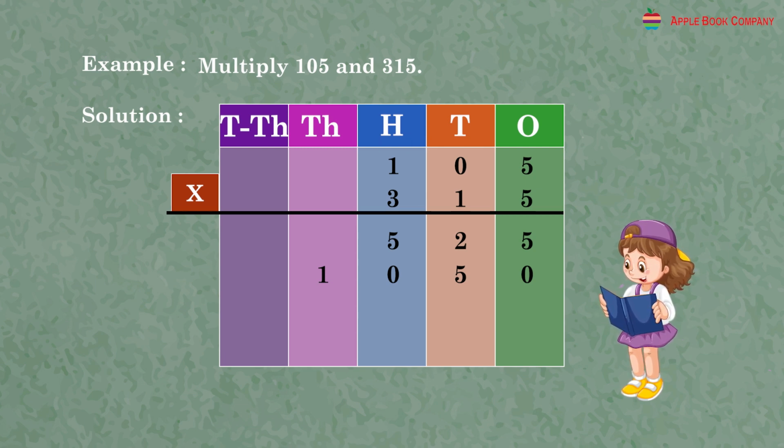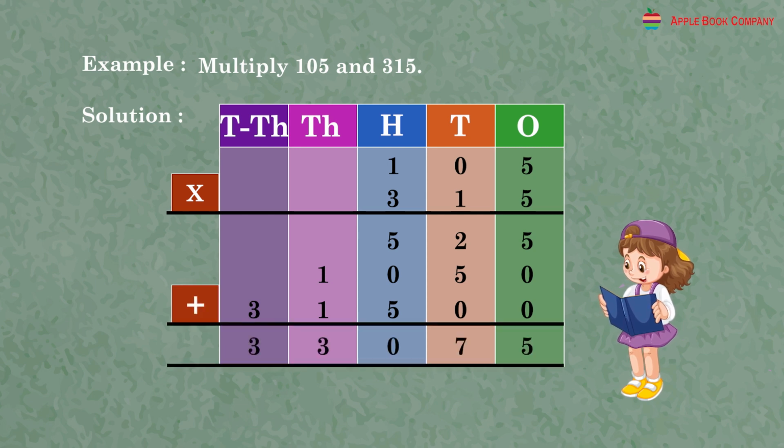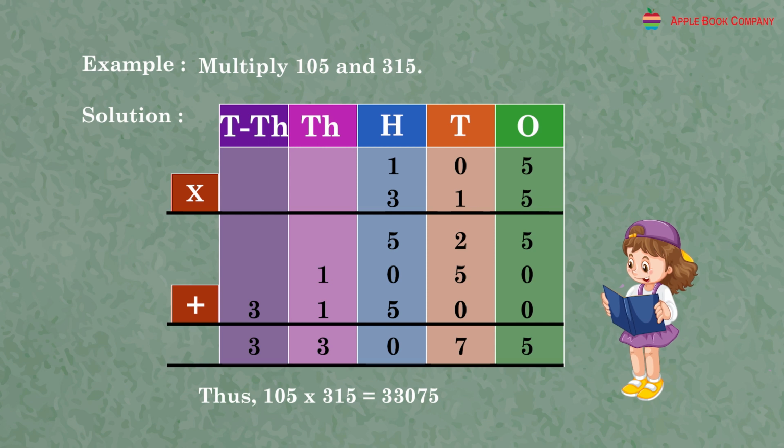Hundreds place multiplication. 105 multiplied by 300 is equal to 31500. Step 4. Add. Thus, 105 multiplied by 315 is 33075.